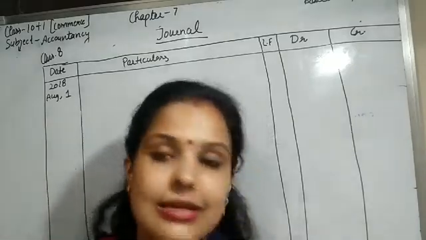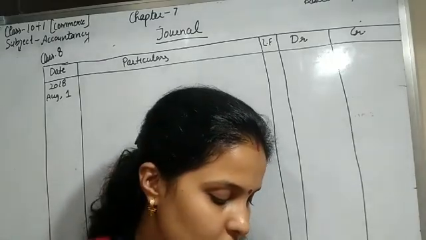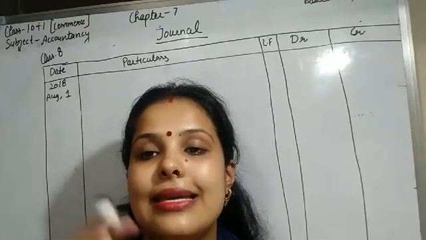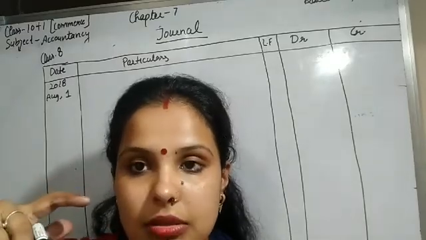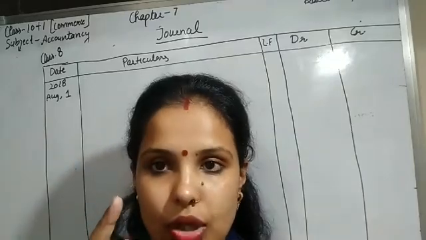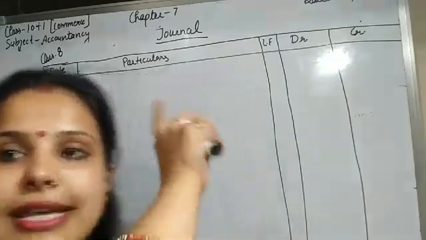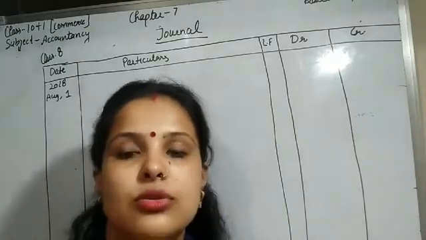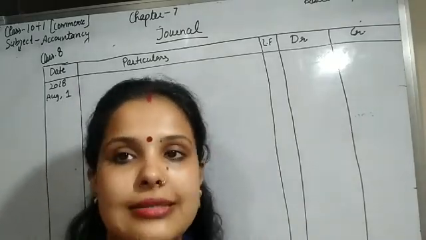These three, cash, goods and machines, are of similar nature and are introduced in the business. So they are related to one particular account, that is capital account, and held on same date. So we pass the journal entry of these three transactions.